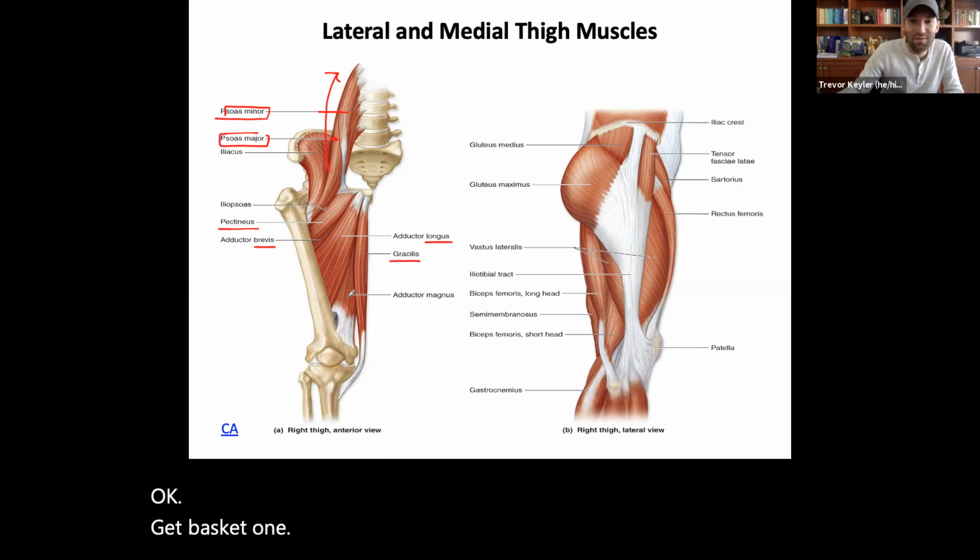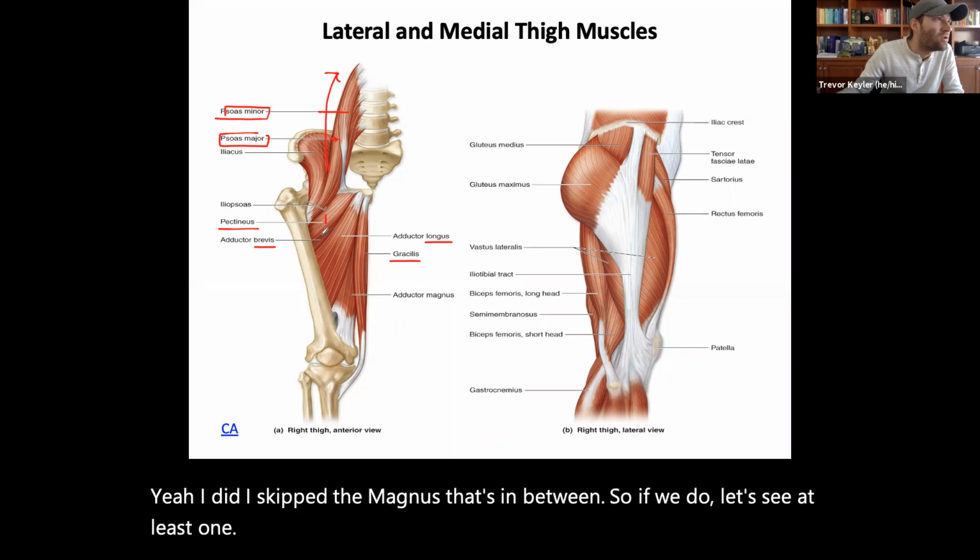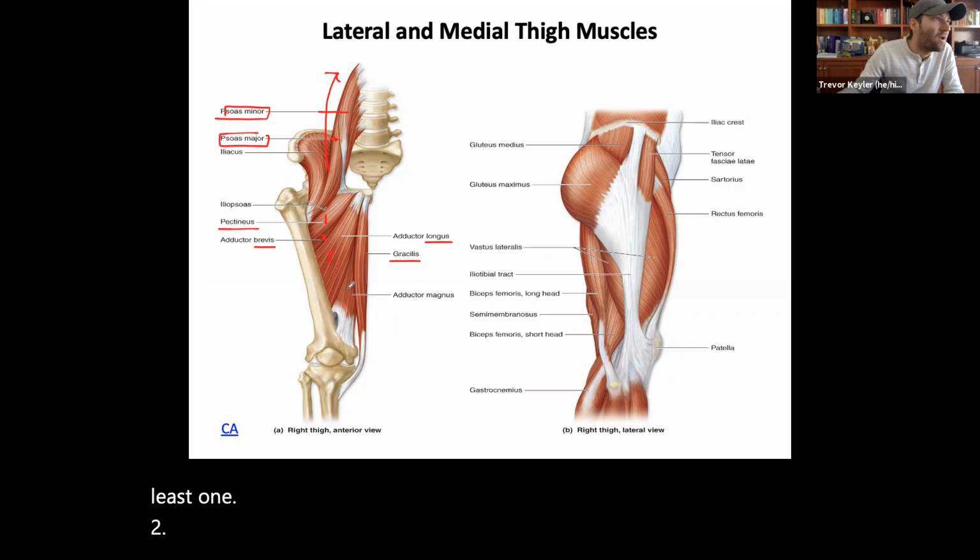Yeah, I skipped the magnus. That's in between. So if I label these 1, 2, 3, 4, 5, that way we're moving laterally to medially.